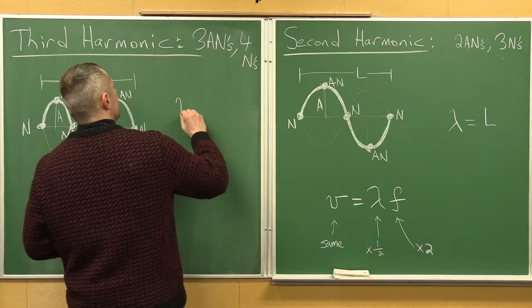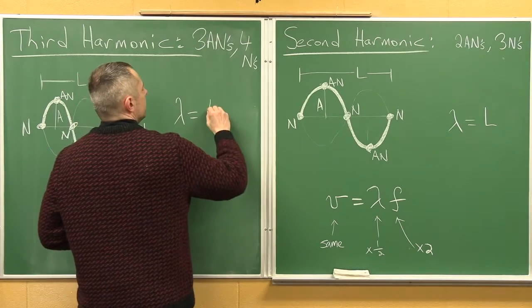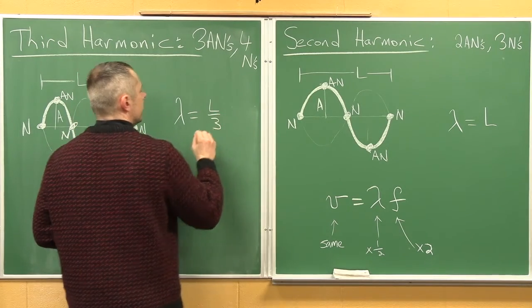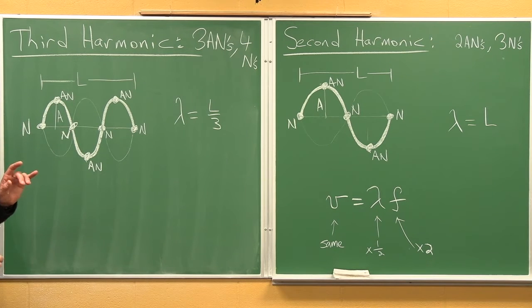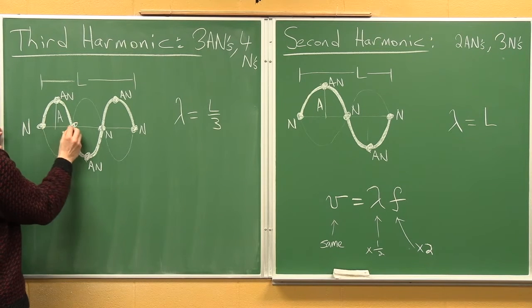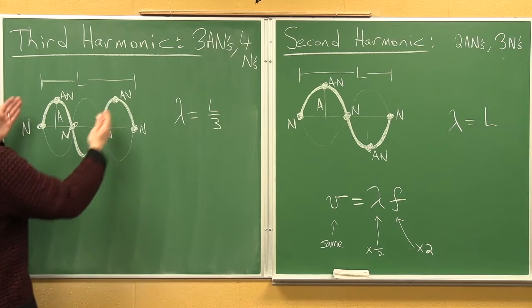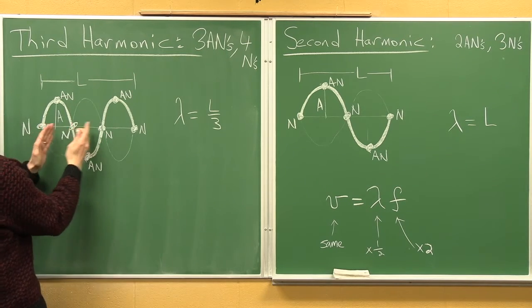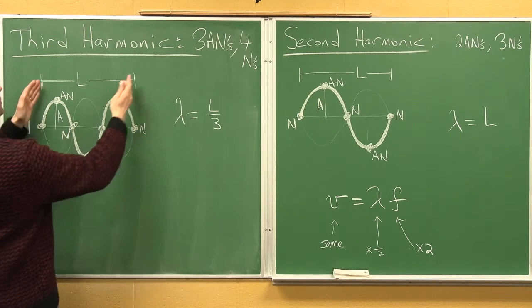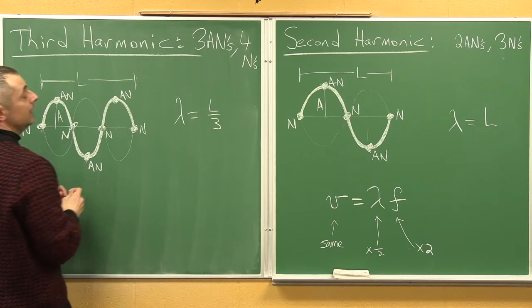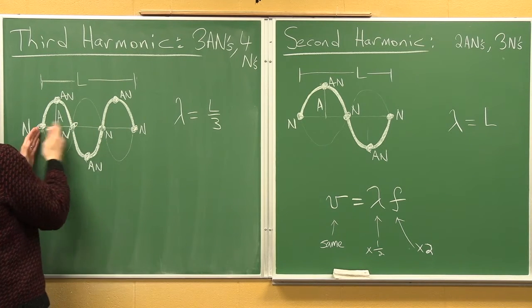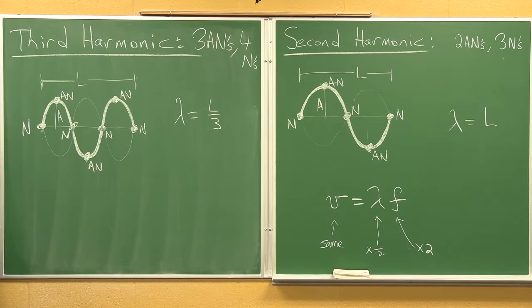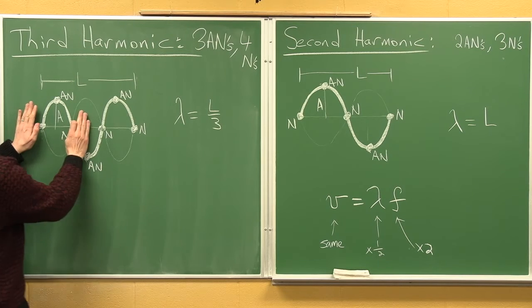So what I could do is find the length of one of those segments right here. This is the length of the spring over 3. In other words, if the spring were 6 meters, this would be 2. 6 meters, 2, 2, and 2 would be a total of 6 meters. This would be 1/3 of the whole length of the spring. But that's not a wavelength right here.